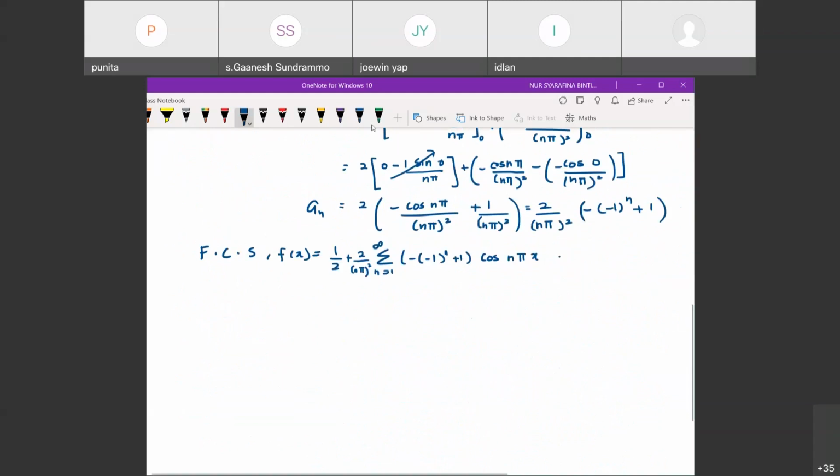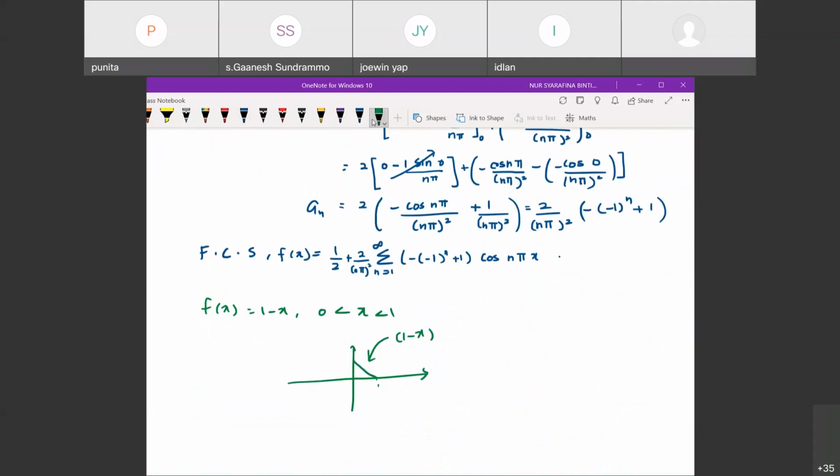Okay, so same process. Your function is 1 minus x from 0 to 1. So you need to plot. So from 0 to 1, this is the graph. Okay, so this is 1 minus x.